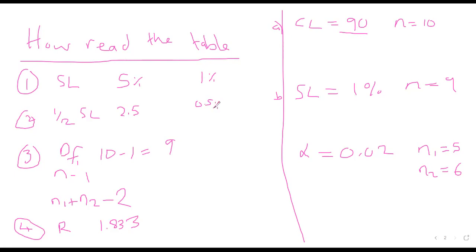Then we find our degree of freedom, which is n minus 1. N is 9, and 9 minus 1 is 8. So we read 1%, 0.5 under 8.